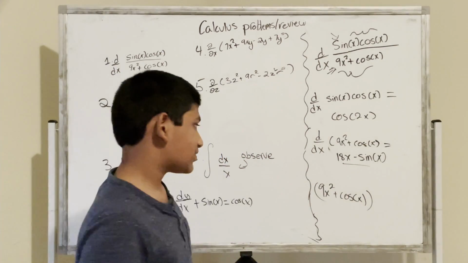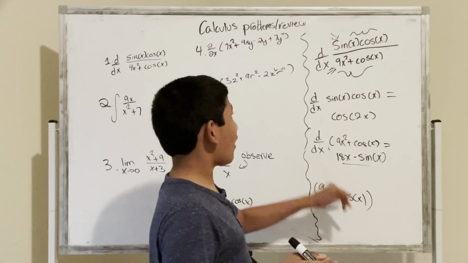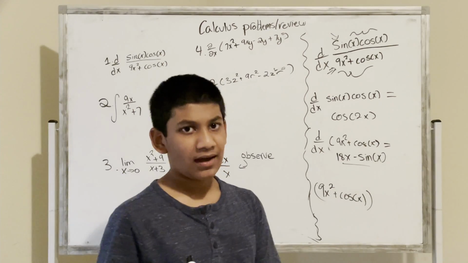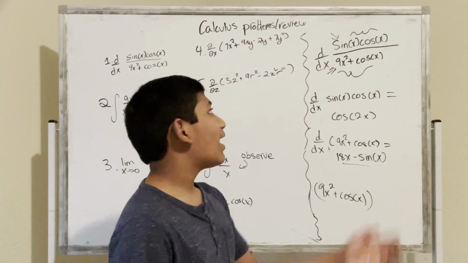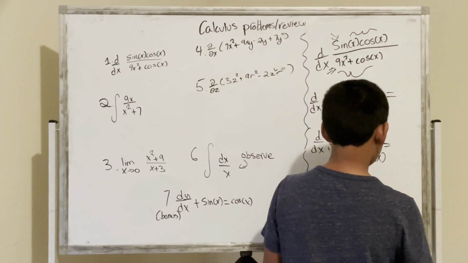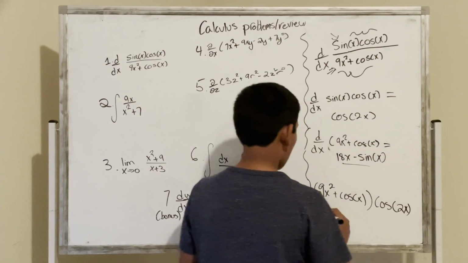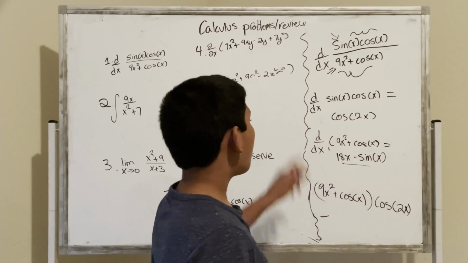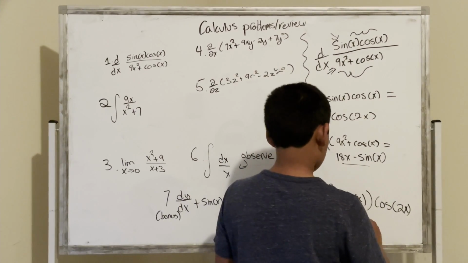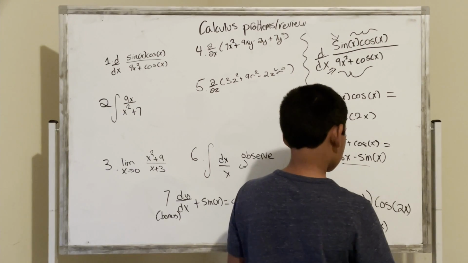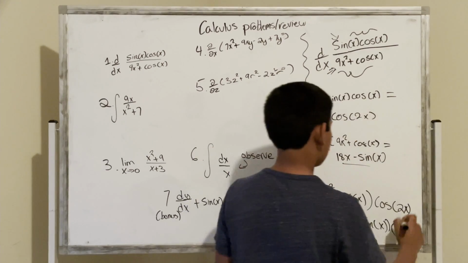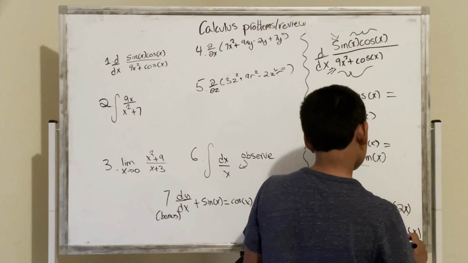So we know this is not the derivative of something. So the next term that we multiply by has to be the derivative of something, so we take cosine of 2x. Now we subtract, since this is the quotient rule, the derivative of this, which is 18x minus sine of x, and then we put this one, sine of x, cosine of x.